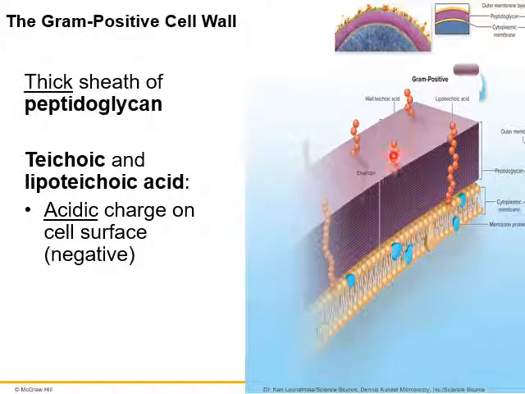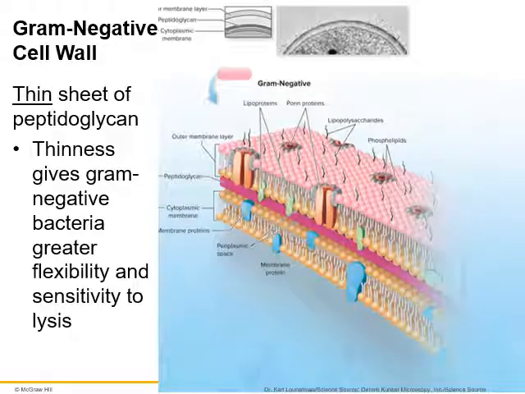Teichos also means wall, okay? And so this lipoteichoic acid binds to the lipids that are in the underlying cell membrane, attaching the cell wall to the cell membrane below. But the teichoic acids only extend through the peptidoglycan layer. Now, they have a charge on them because of all those phosphates, and this adds to the net negative charge of the bacterial cell.